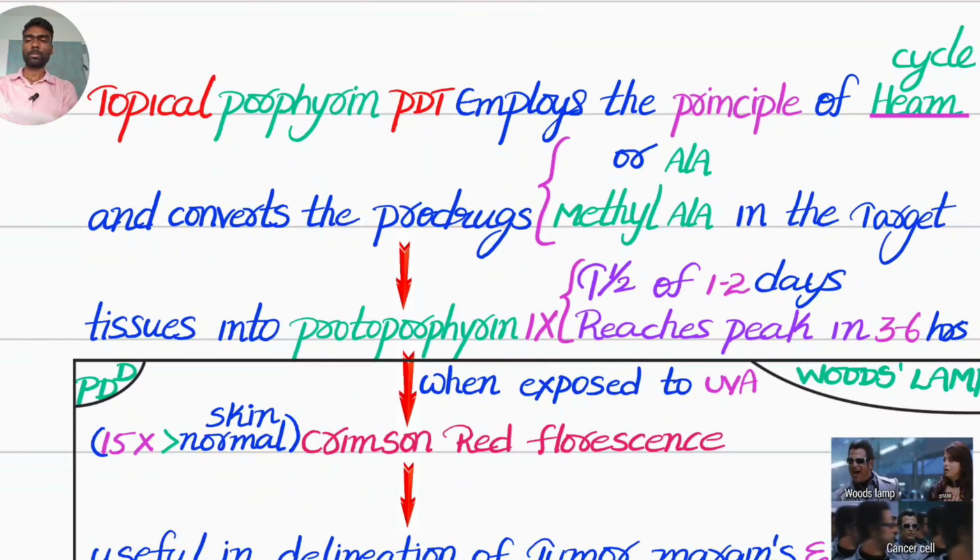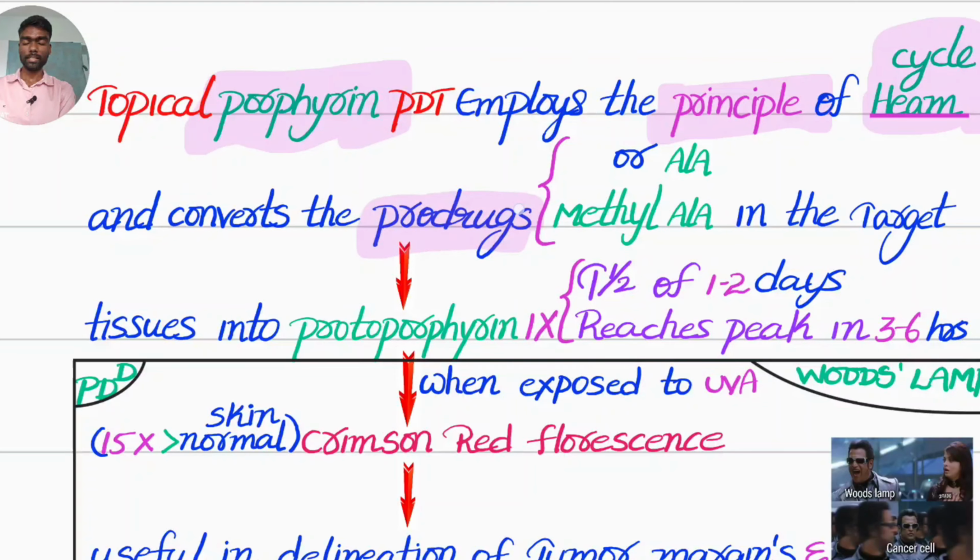Coming to our proper topic, topical porphyrin photodynamic therapy. It employs the principle of the heme cycle. I already told you, the main principle is the photooxidative reaction. Before that, this porphyrin photodynamic therapy employs as its first principle the heme cycle. Why? To convert the applied prodrugs.